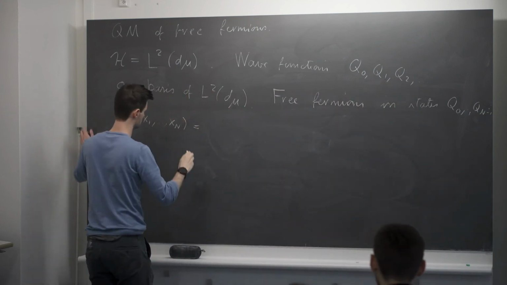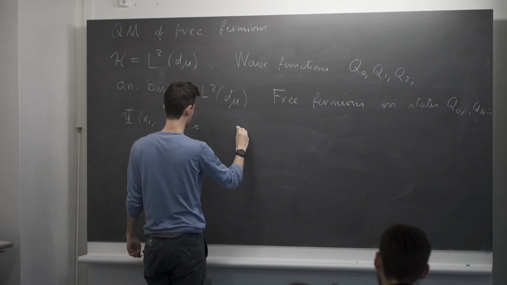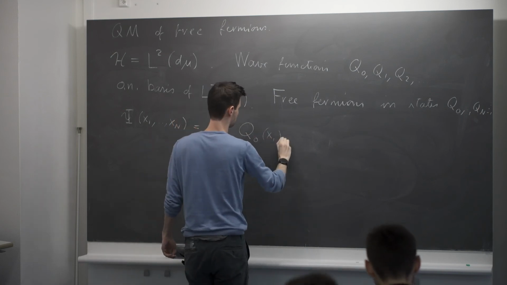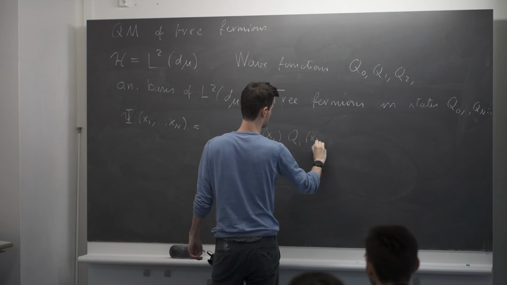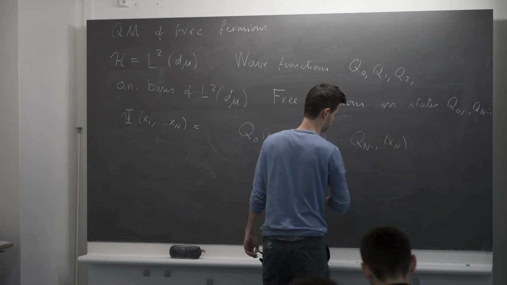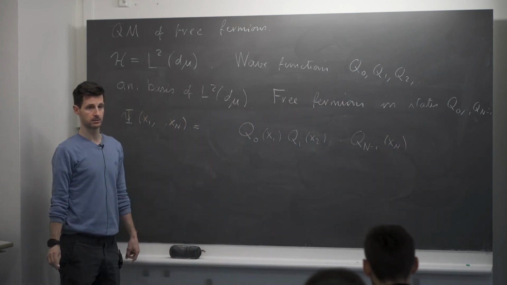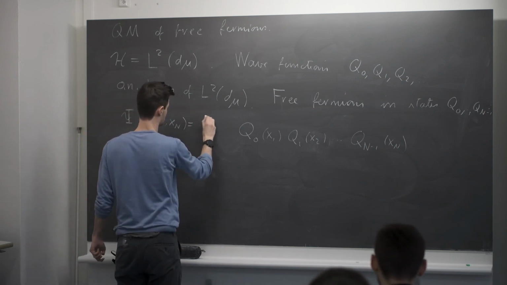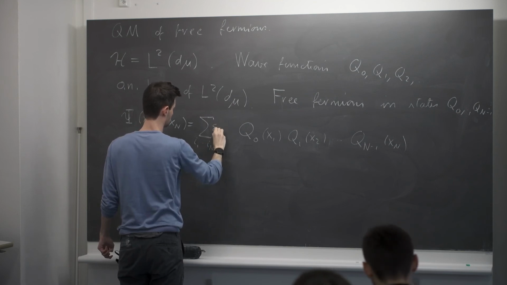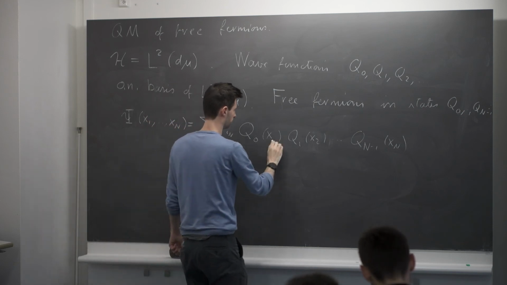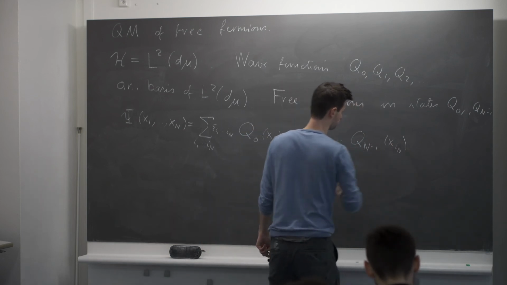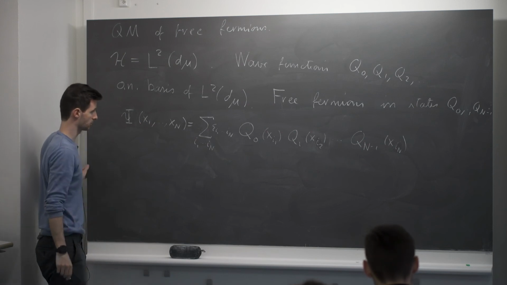And this is going to be, so I will take Q. So this is my wave function, and I want to antisymmetrize this. So this is how you antisymmetrize any function.